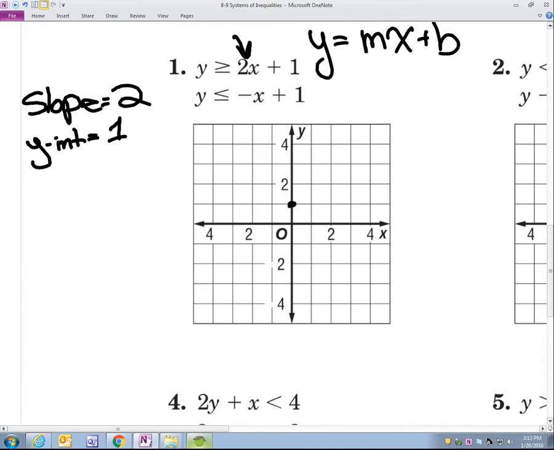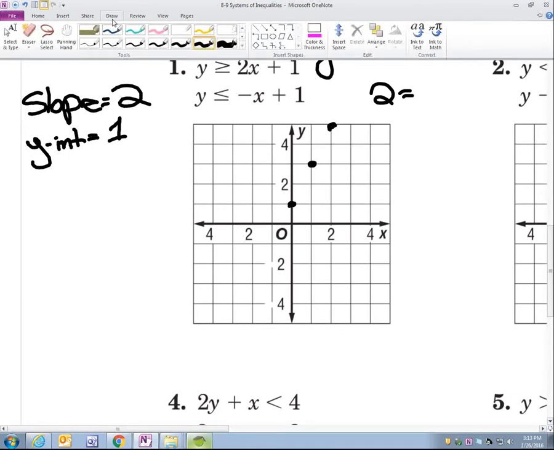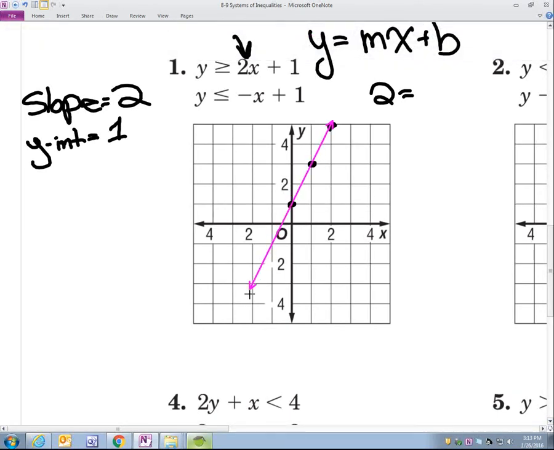Since the slope for y is greater than or equal to 2x plus 1 is 2, I go up 2 over 1, because 2 is actually just 2 over 1, which is change in y over change in x. So I go up 2 over 1, then up 2 over 1 once again, and I have a couple of points, so that means I can make my line.